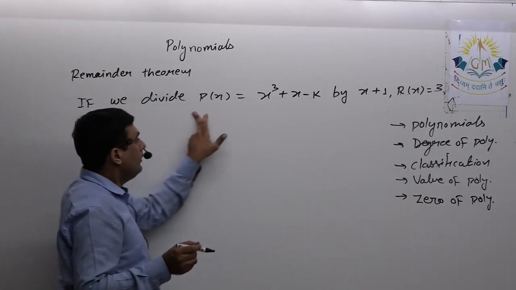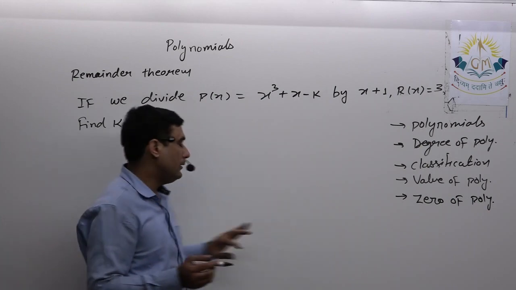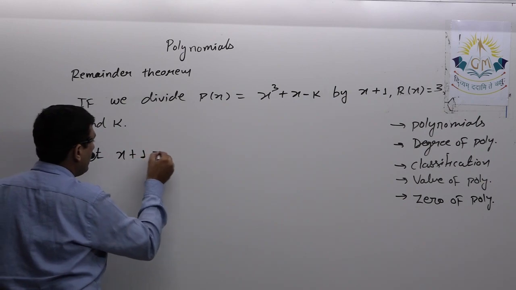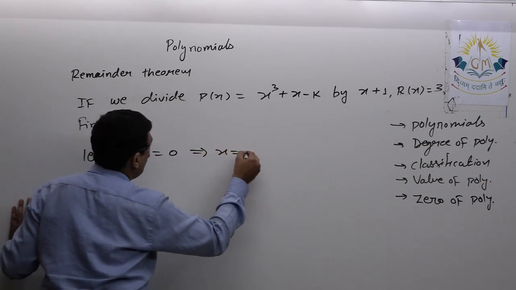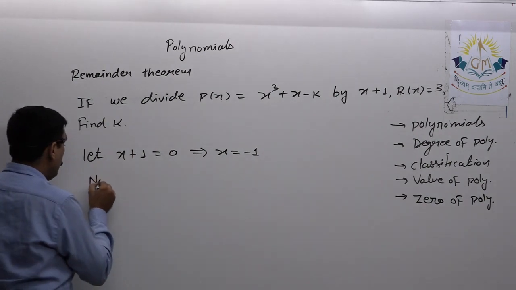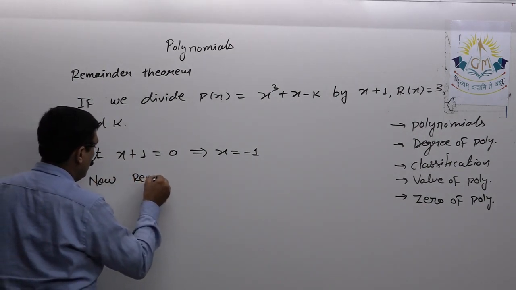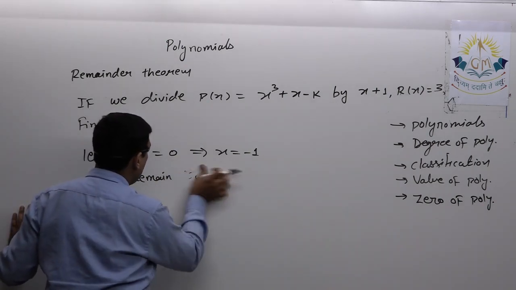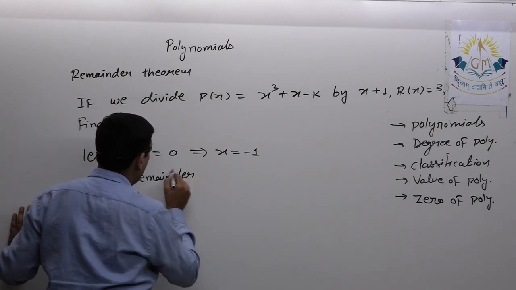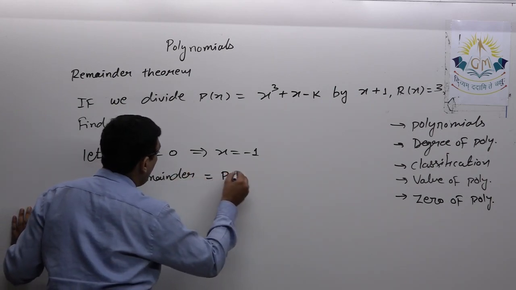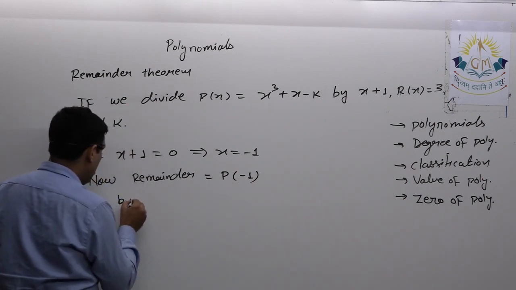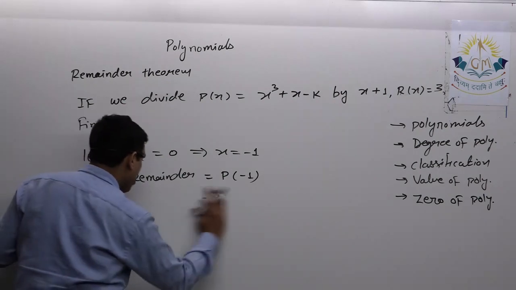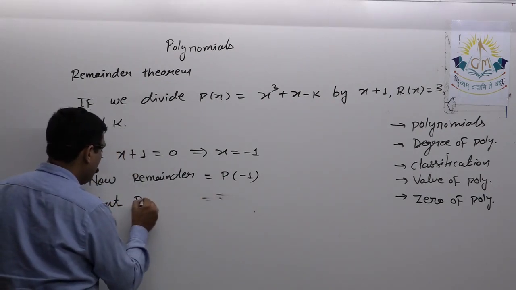So we know how to find the remainder. Okay, so we'll start. Let x plus 1 is equal to 0. This gives you x equal to minus 1. Now the remainder must be equal to p of minus 1.